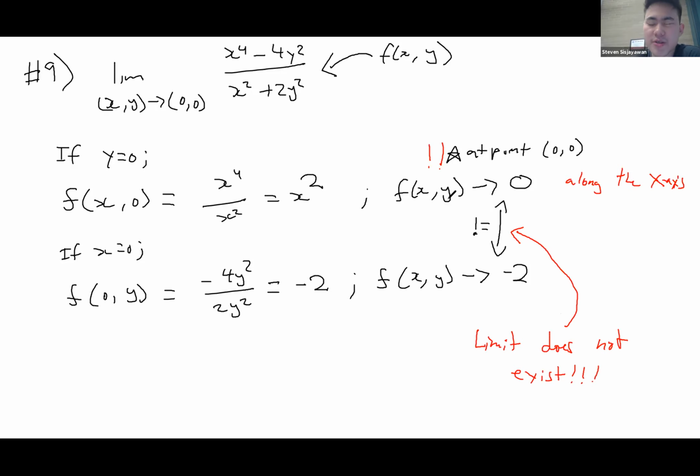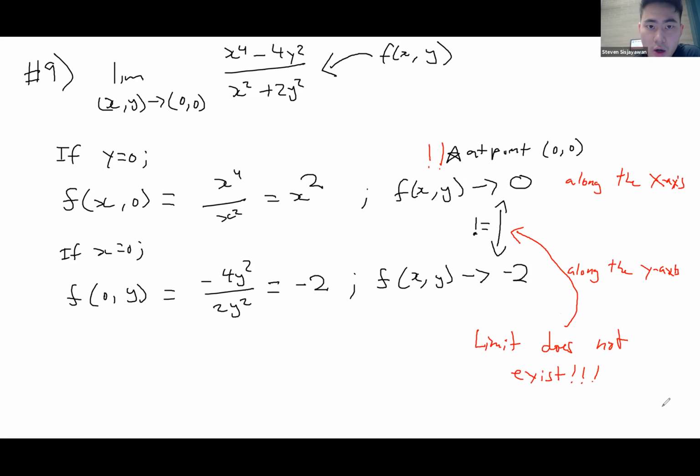This is just basically looking at two different paths, one along the x-axis and one along the y-axis. So that's how I usually start the question. This is a great example for number 9. And now let's look at another example.